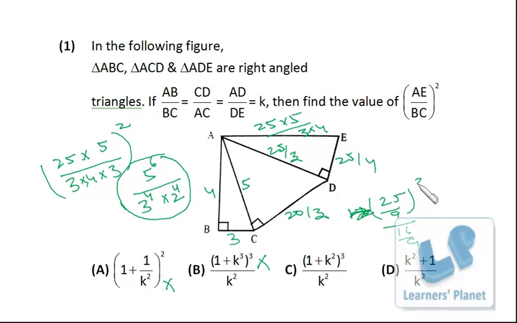And this is cube. We don't have to check the denominators, 5 square and cube, so 5 raised to 6 we are able to get over here, so no need to check further and no need to solve further. Just mark this as the correct choice, because the other is 1 plus 1 upon K square, so K square is this 16 by 9, so this will not give this value, right?